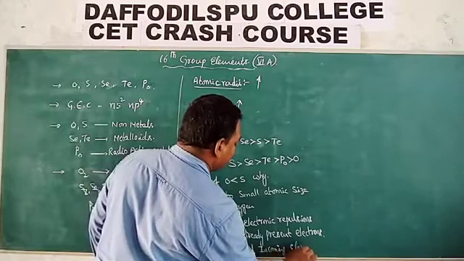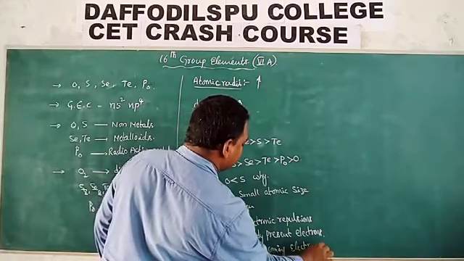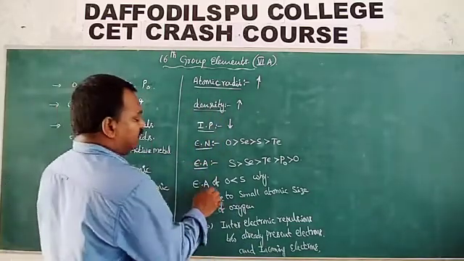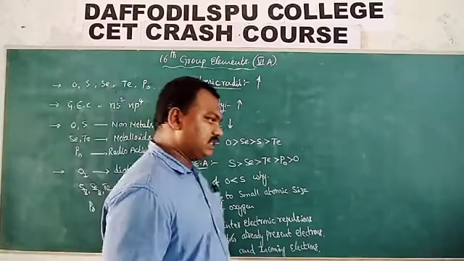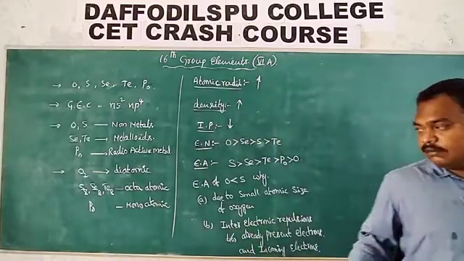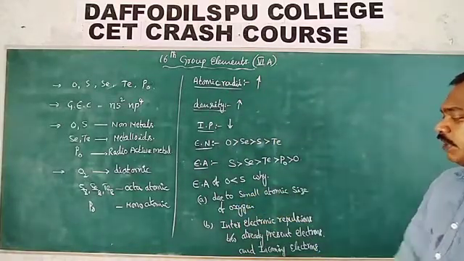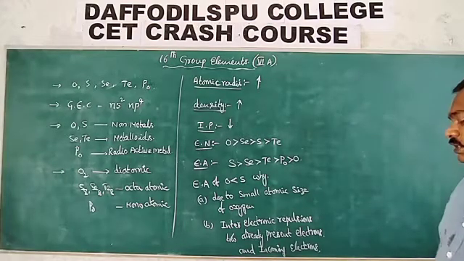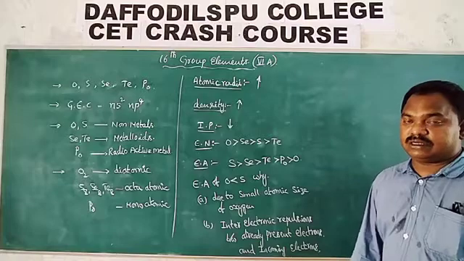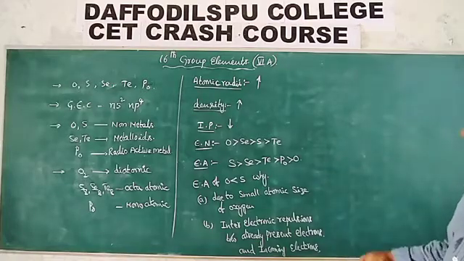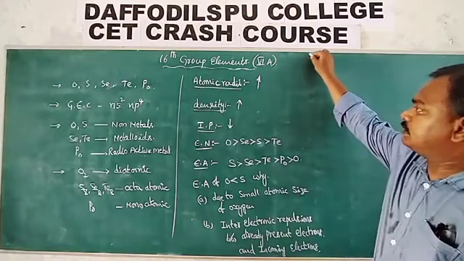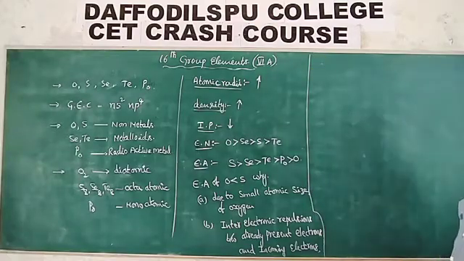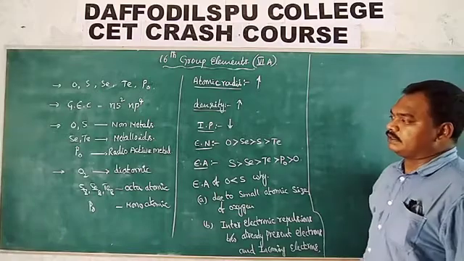So this is the reason the electron affinity of oxygen is less than sulfur: the small atomic size of oxygen and interelectronic repulsions between the already present electrons and the incoming electron. So this is about the electron affinity, electron gain enthalpy.